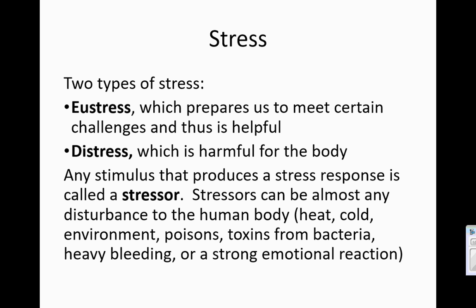Okay. Well, a stressor, which is anything that produces a stress response, can be thought of as anything that impairs homeostasis. And we've talked about things that impair homeostasis. Something as simple as being outside on a cold day, or it could be as complicated as a toxin, or poison, or a hemorrhage.